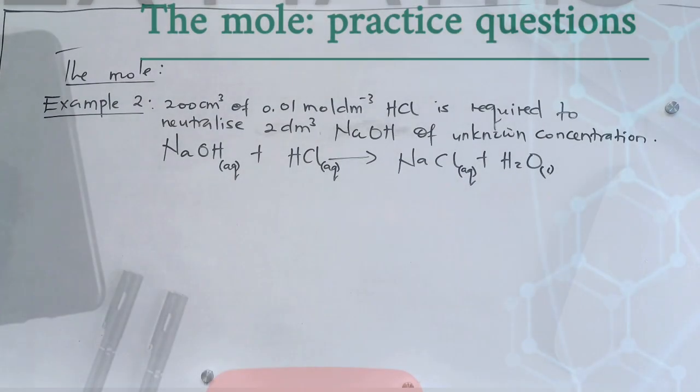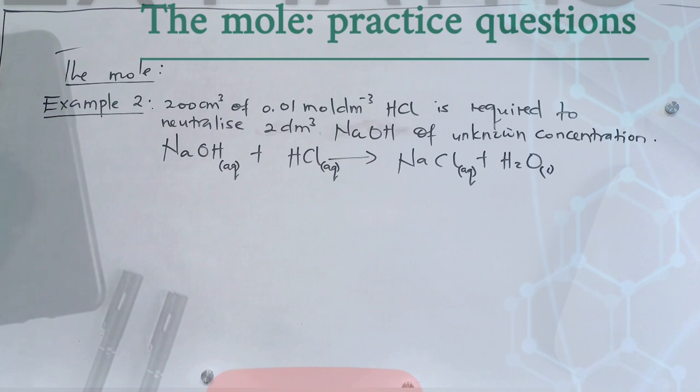Example 2. 200 cubic centimeters of 0.01 mole per cubic decimeter of hydrochloric acid is required to neutralize 2 cubic decimeters of sodium hydroxide of unknown concentration. Then we are given the equation: sodium hydroxide plus HCl gives sodium chloride plus water.